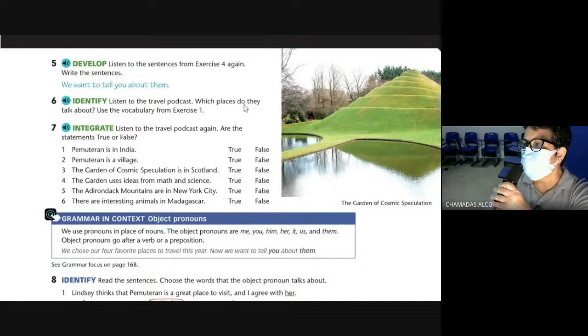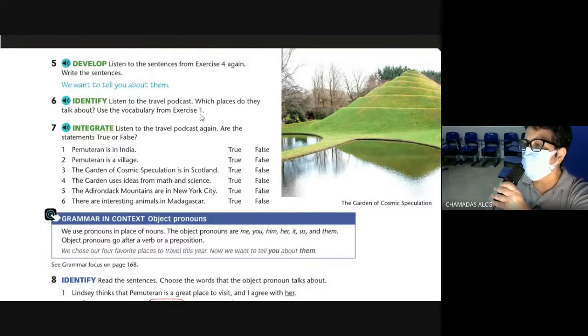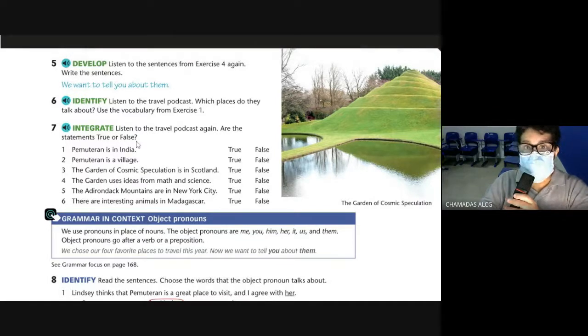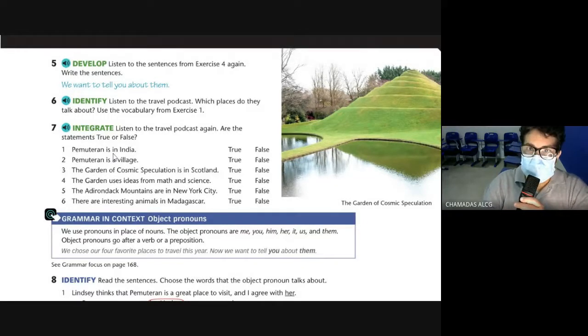Which places do they talk about? Use the vocabulary from exercise number 1. And after that, we are going to answer if the statements are true or false. So let's see the statements first. I will play again, of course.